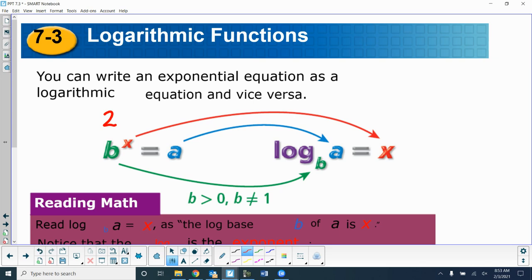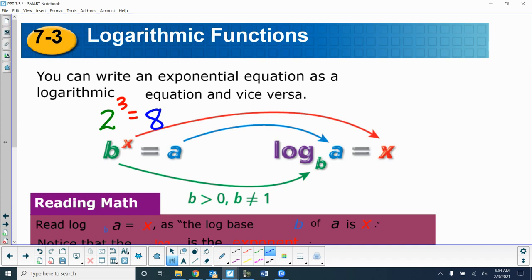So if I had my base, 2, to the third power equals 8. We all know that. 2 times 2 times 2 is 8, right?